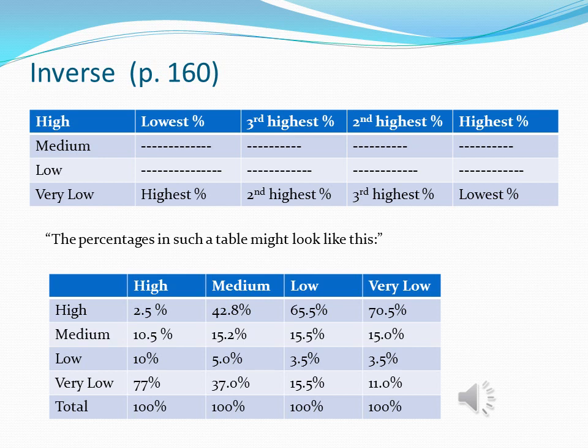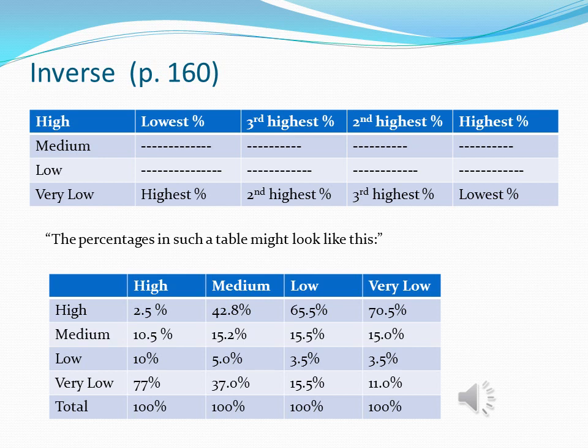For the high column and the high row, notice it's 2.5, and going to medium is 42.8, and for the high row going to the low column it's 65.5, and for the very low column underneath the high it's 70.5.